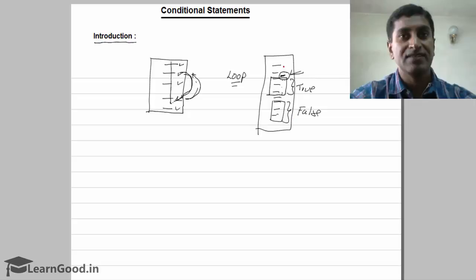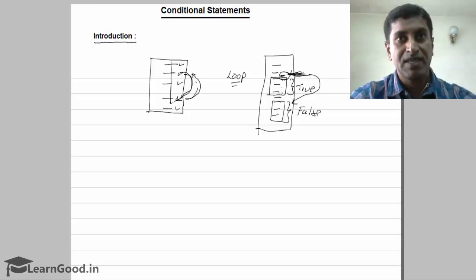In such cases, if the condition is false here, then directly you have to jump to this place. That's a forward jump. If this condition is true, then you first have to execute this set of statements, and then it shouldn't execute this. That means from here it should jump to this place. That means in both cases you are going to go for a forward jump. In such places, we use conditional statements.